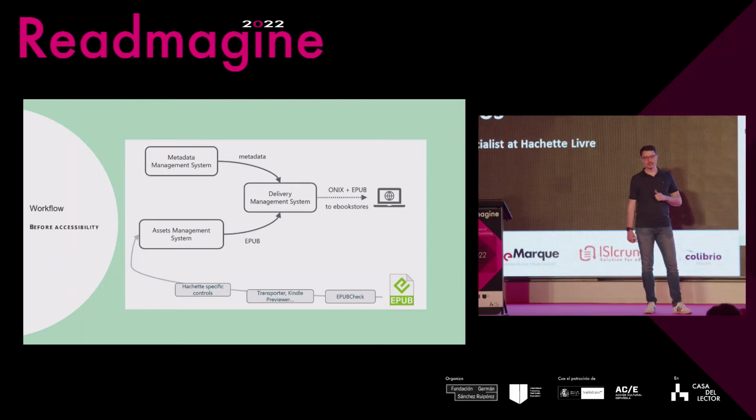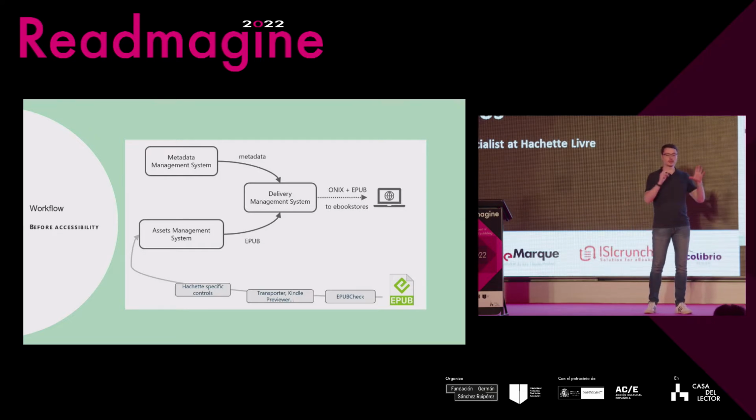The first one is the asset management system, where you manage and store EPUB files. The second one is about metadata management system. And these two systems send metadata and EPUB files, and the package is used by the delivery management system to send ONIX plus EPUB to ebook stores.